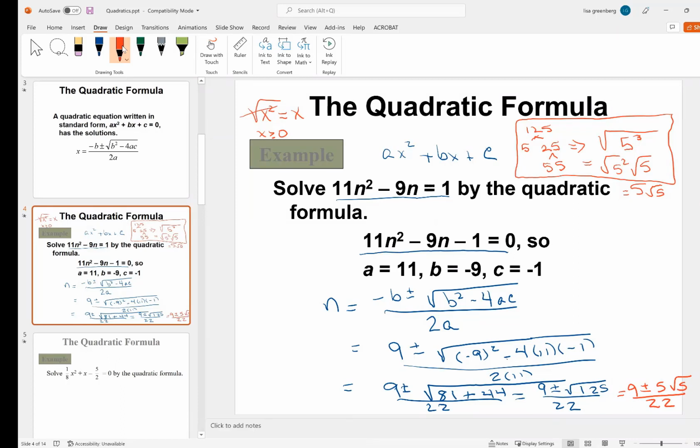This is really the same as 9 over 22 plus 5 times the square root of 5 over 22, or 9 over 22 minus 5 times the square root of 5 over 22. So that's basically the solution, which means those are 2 solutions for x. Now I know what x equals, okay?